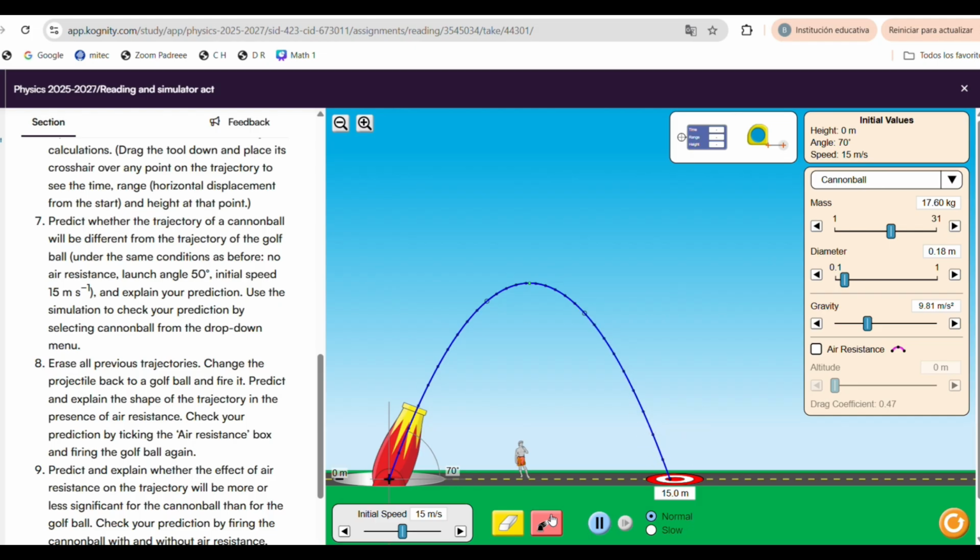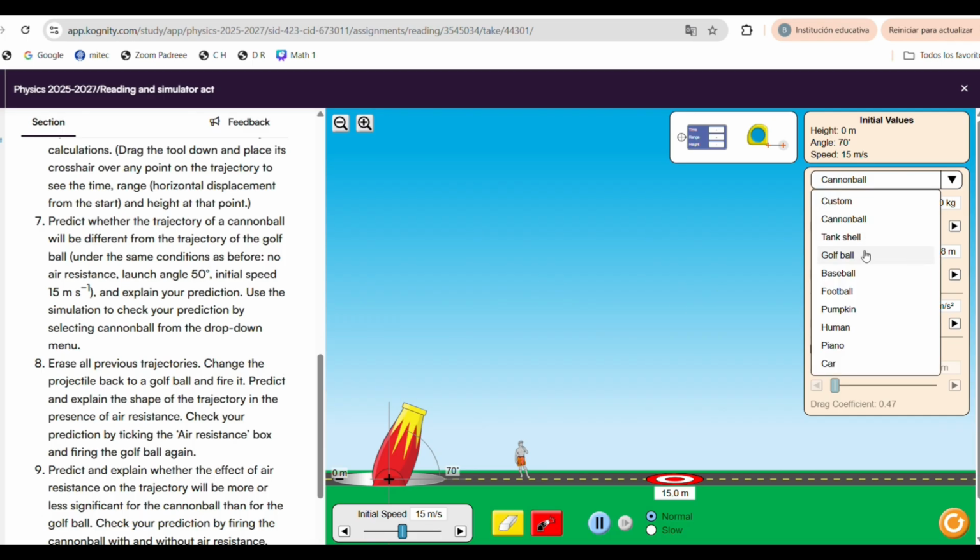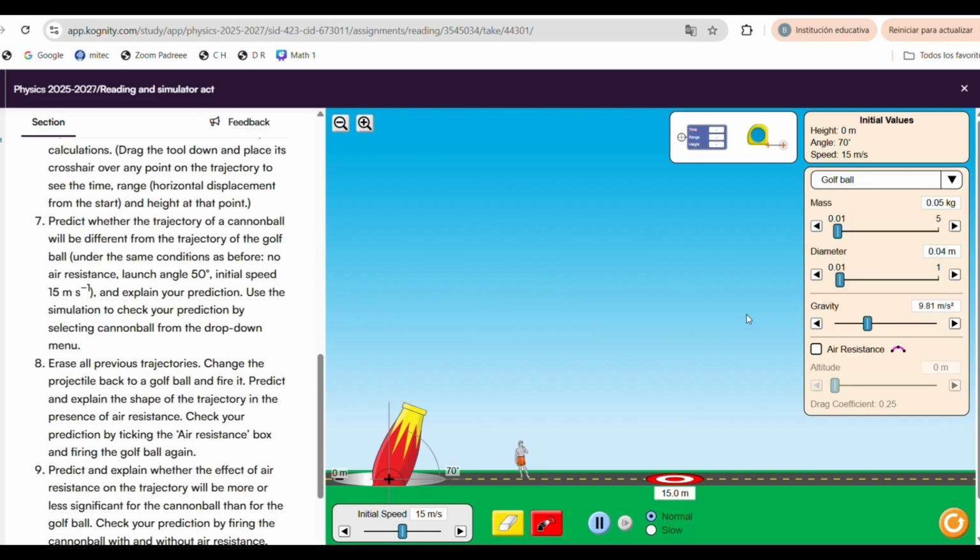My prediction is no, because as we don't have air resistance, we will get exactly the same trajectory, like in the video we saw in class, where some people dropped a very heavy ball and a couple of feathers in a no air chamber, and they both reached the floor at the same time.